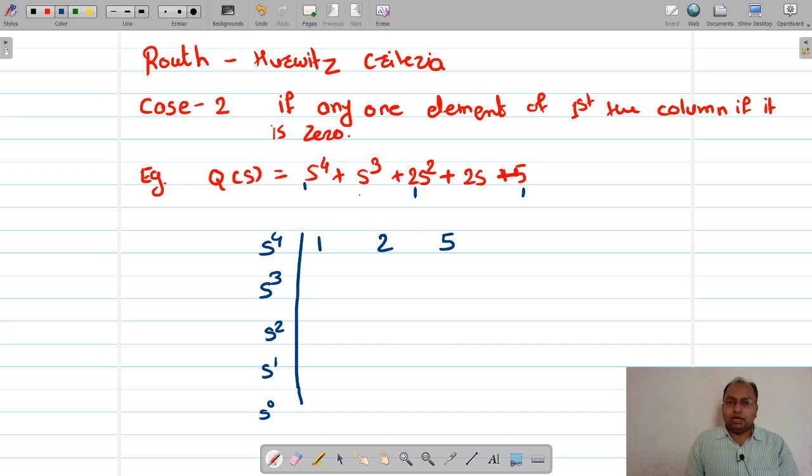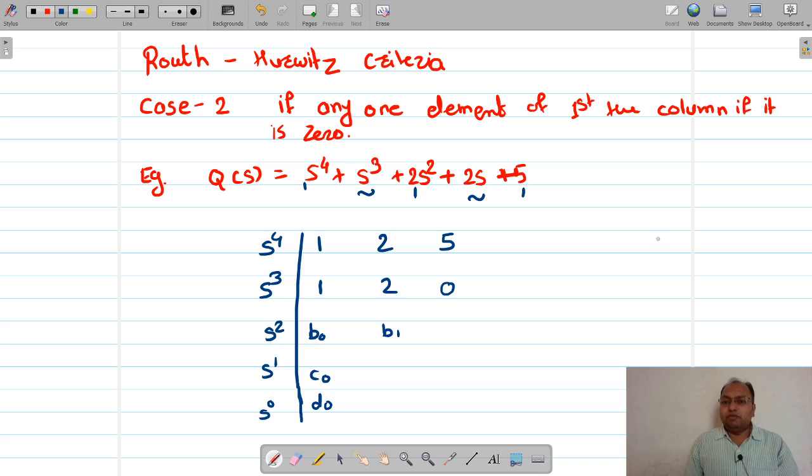The remaining ones go over here. As there is no element, we write 0; you can skip it, either write 0 or keep it blank. Let us calculate now. Let the elements be b0, b1, c0 and d0.